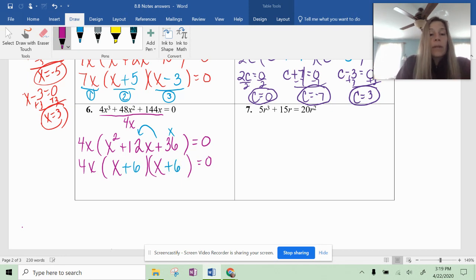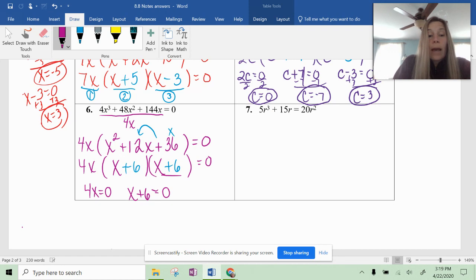So now I have 3 factors that need to be solved. So 4x, I'm going to set equal to 0. X plus 6, which I'm also going to set equal to 0. But the other one is the same thing, so I really don't need to do it again, because if you were to factor this, you could have also used the pattern that we were just working on yesterday.